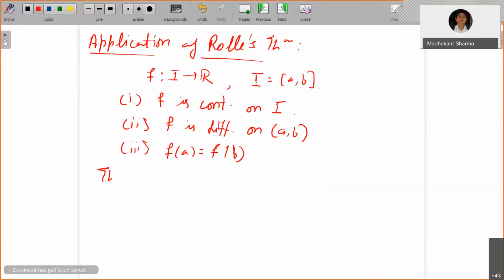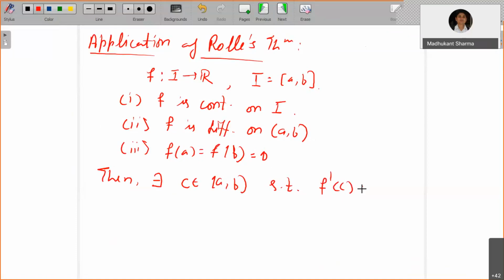Then there exists C in the open interval AB such that f dash of C is 0.